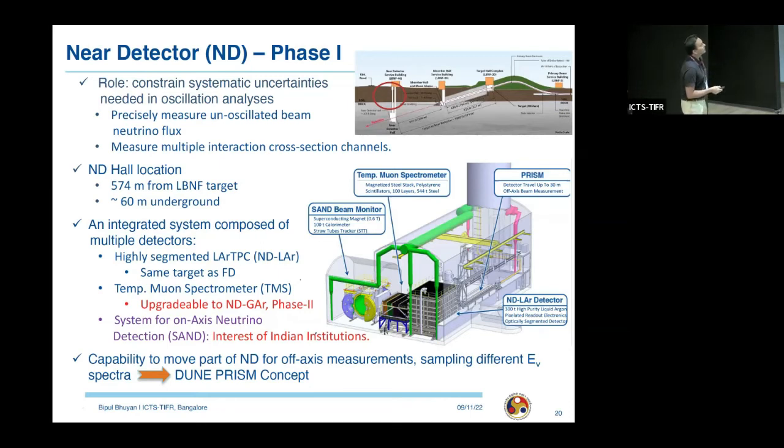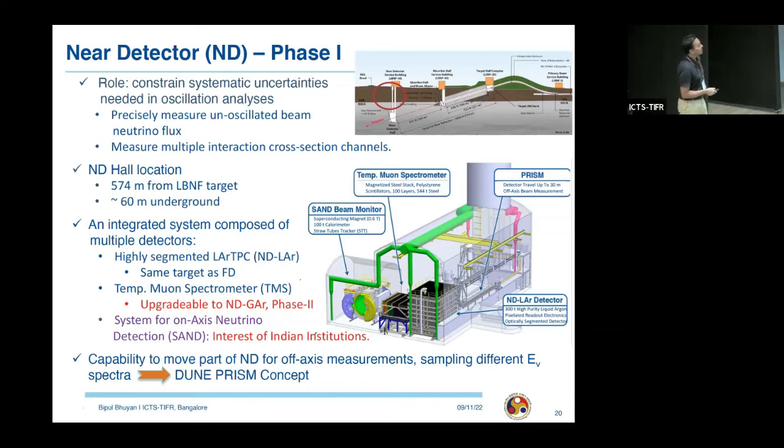So in this particular ND complex, we're going to have the ND hall, located about 574 meters from the target, and about 60 meters underground. It's not deep. In phase 1 of the complex, we are going to put this highly segmented liquid argon TPC.